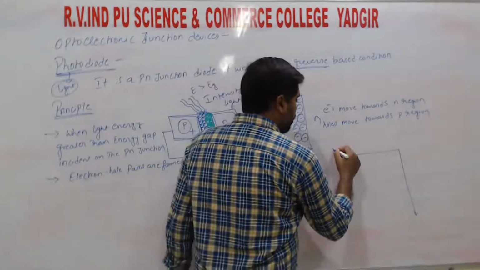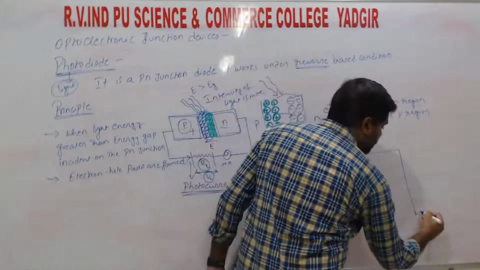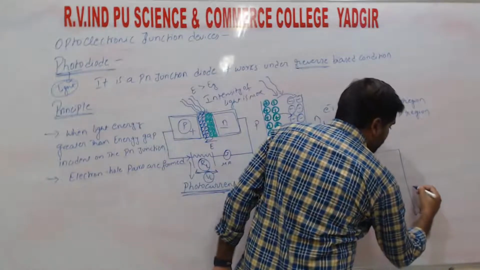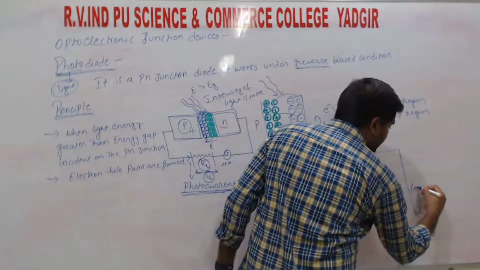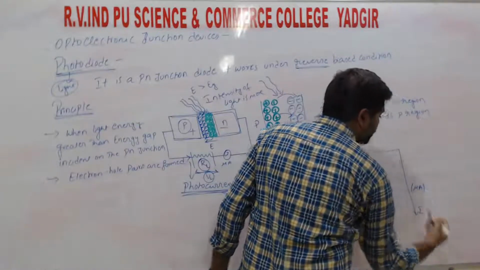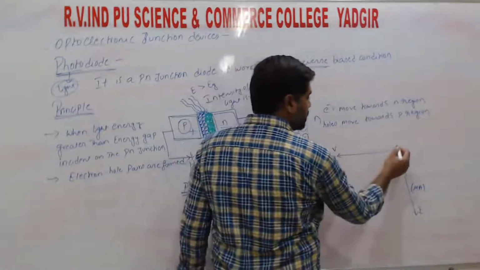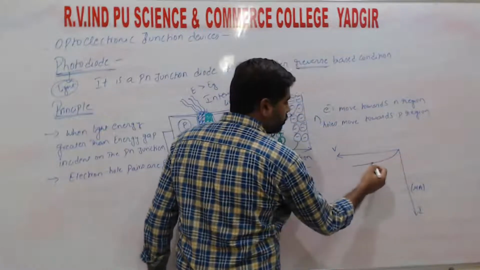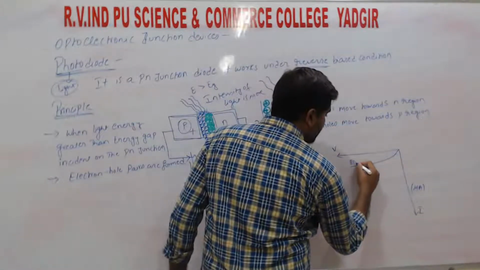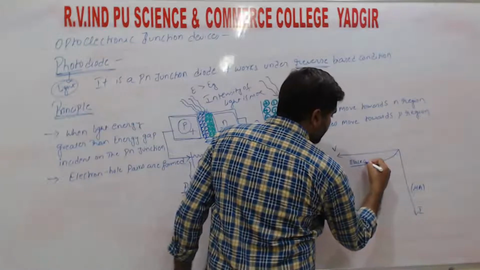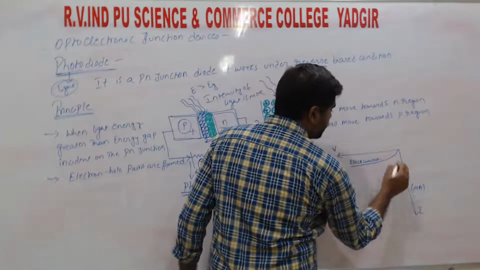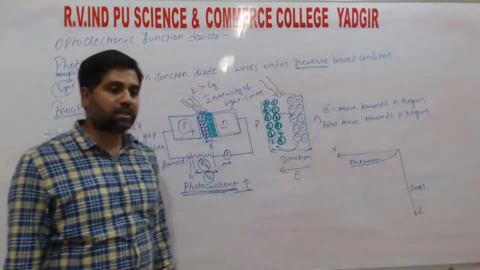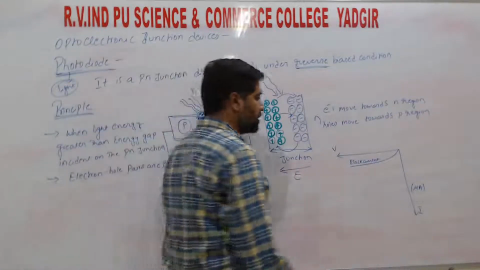V is taken along the x-axis and current I along the negative y-axis. It is measured in microamperes, right? Initially this current we call the dark current. This one is the reverse biased PN junction characteristic.